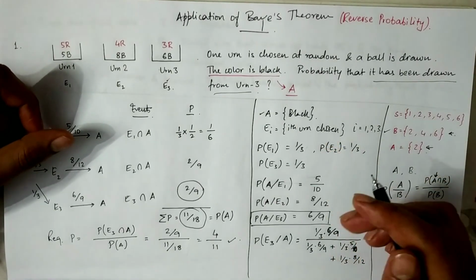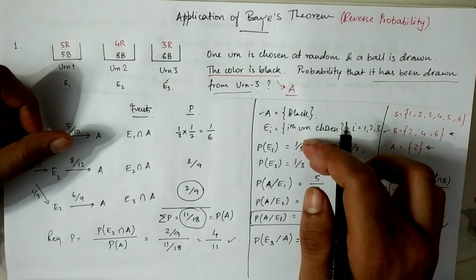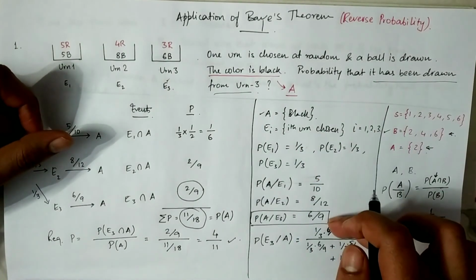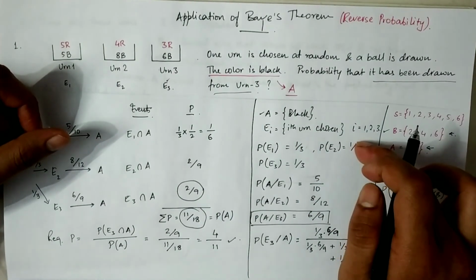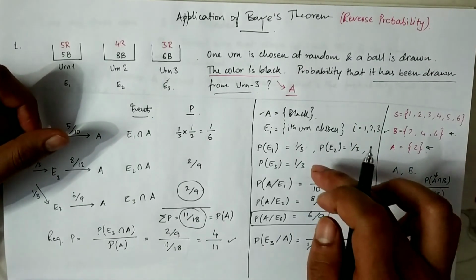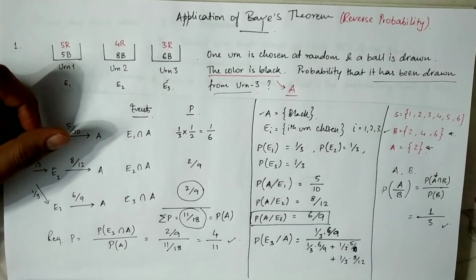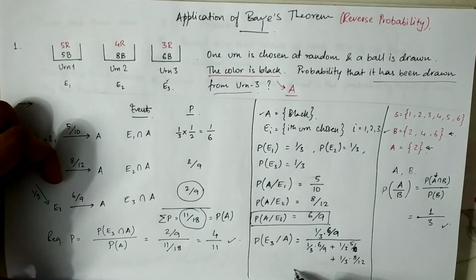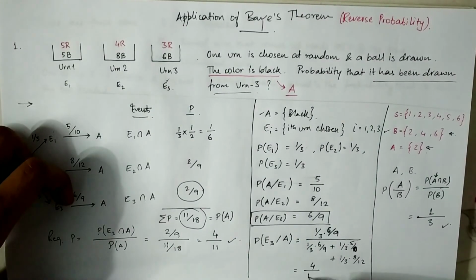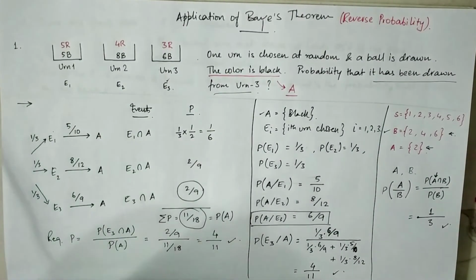So this is being chosen, multiplied with this being taken out, plus this is being chosen and this is being taken out. Once we write it like this, the answer is going to be 4 upon 11, which is your answer. Thank you.